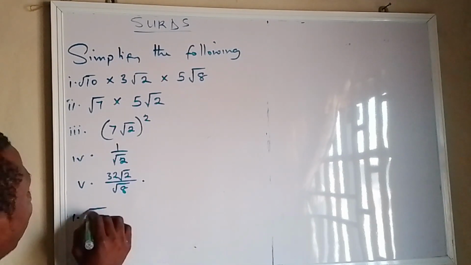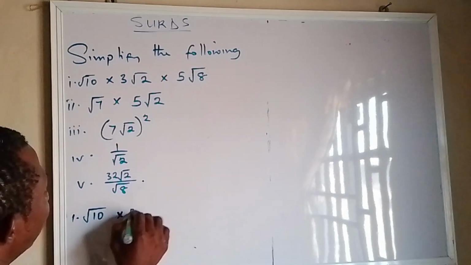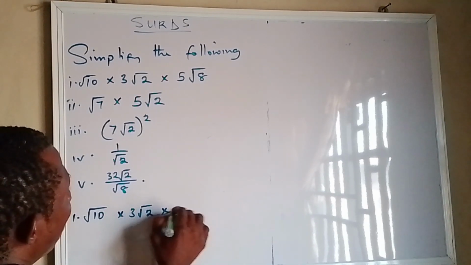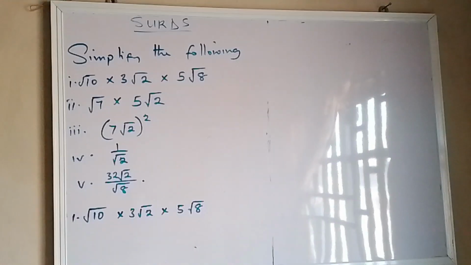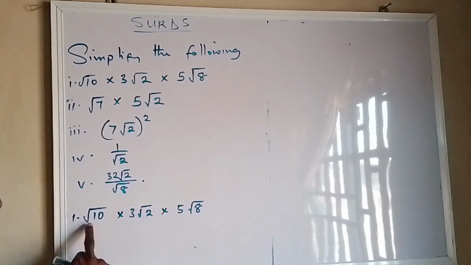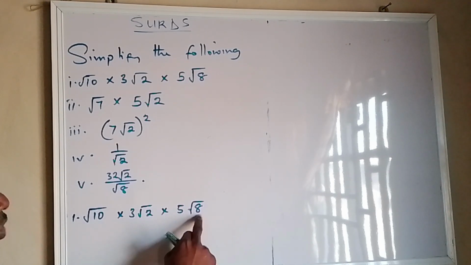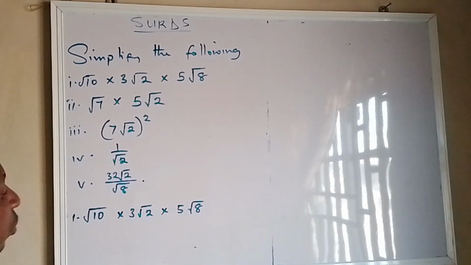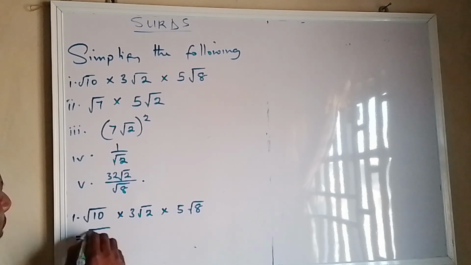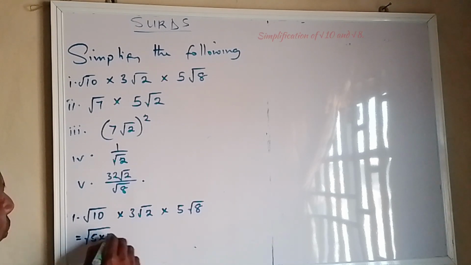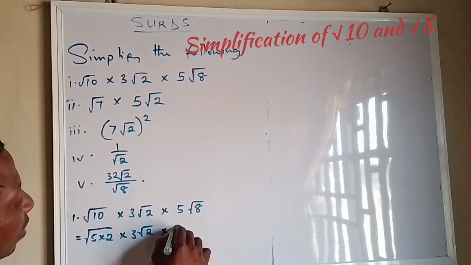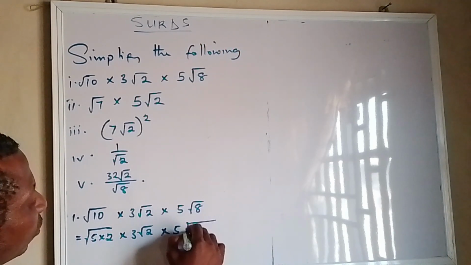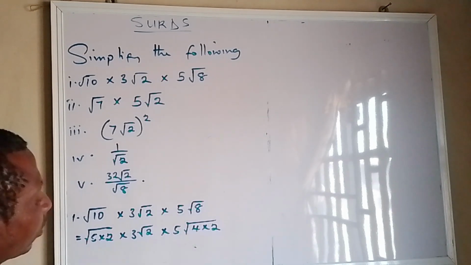1. Square root of 10 times 3 square root of 2 times 5 square root of 8. Now, when you look at what we have here, this can be expressed as 5 times 2. This can be expressed as 4 times 2. So this turns to square root of 5 times 2 times 3 square root of 2 times 5 square root of 4 times 2.